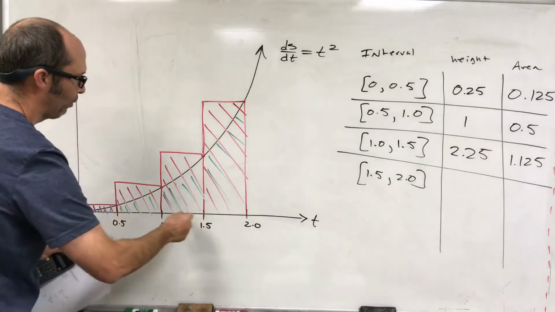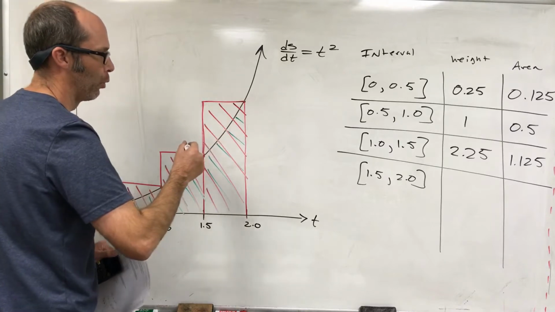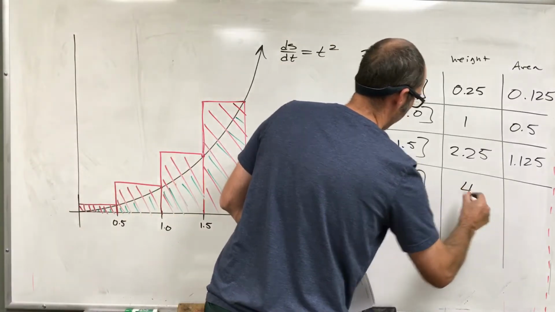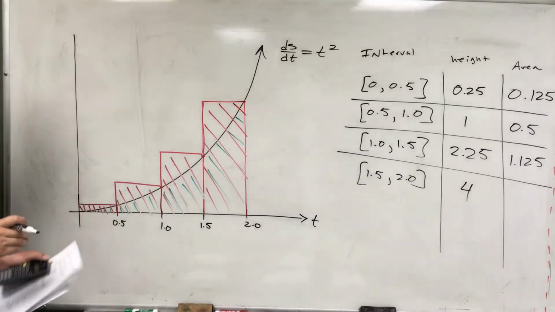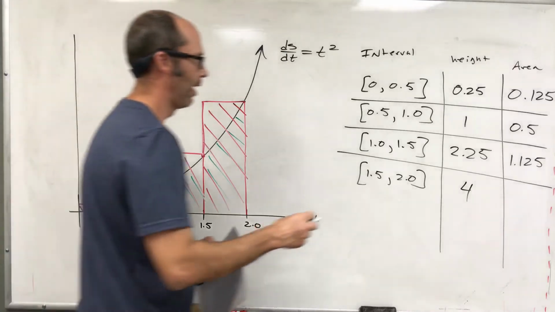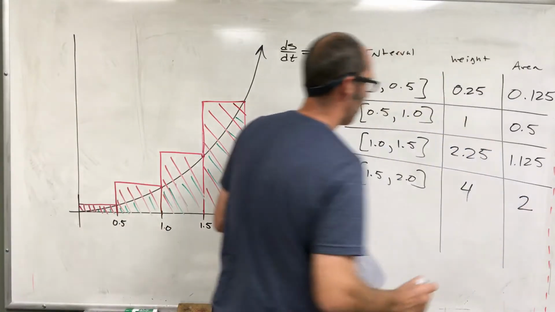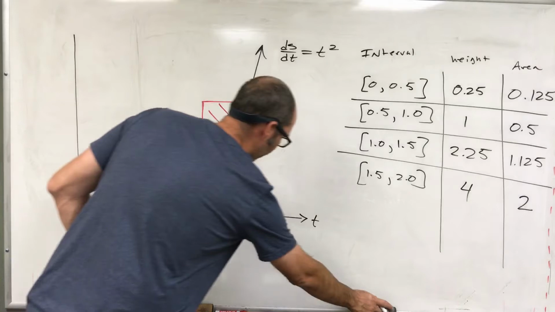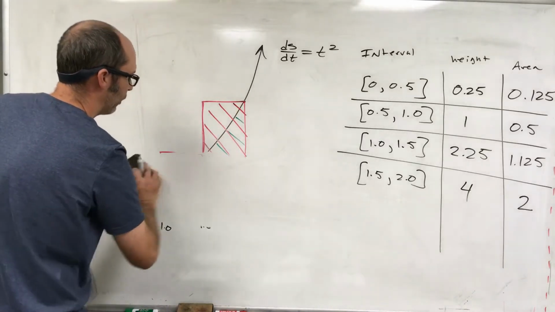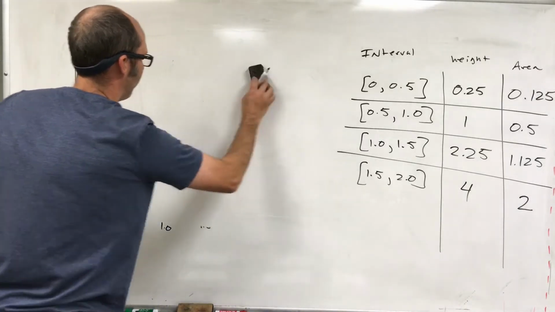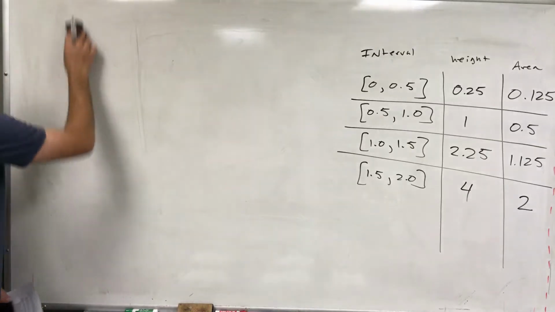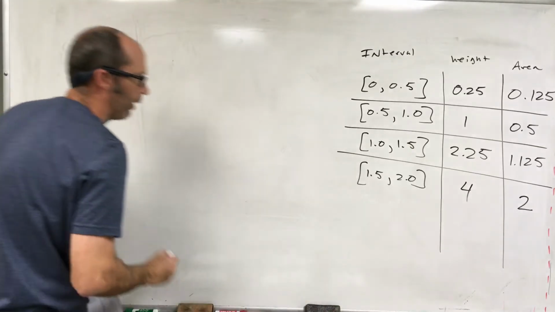And now my last one, 2 squared is 4. That's the height of my rectangle. 4 times 0.5 is going to be 2. So now the answer to my problem, besides the overestimate part, which I just talked about.